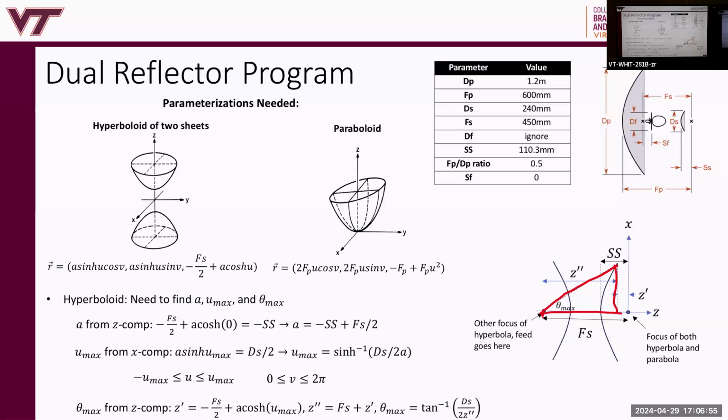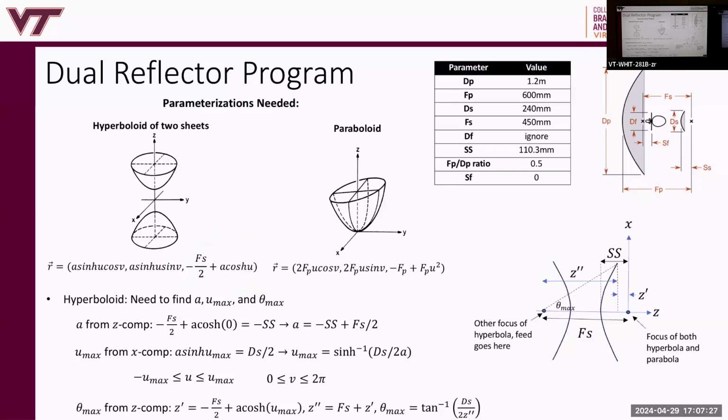For that triangle, we need the z coordinate of this tip of the hyperboloid at u max. So I take the z component and plug in u max, and that gives me the z coordinate of the tip, because u max brings me to the tip of the hyperboloid.